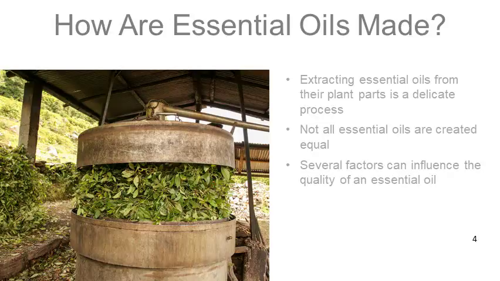While there are several methods for successfully extracting the essential oil from a plant and preparing it for use, each method has one thing in common. It requires extreme caution and care. Because plants and plant parts are so delicate, careful planning and precision are necessary to extract high-quality essential oils.